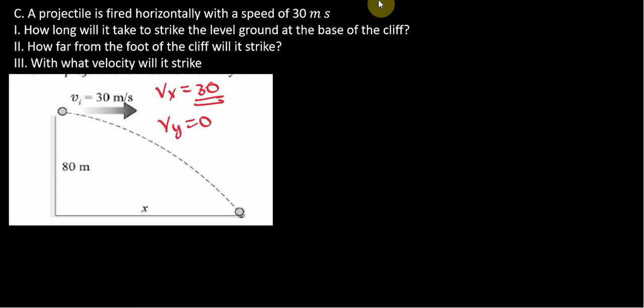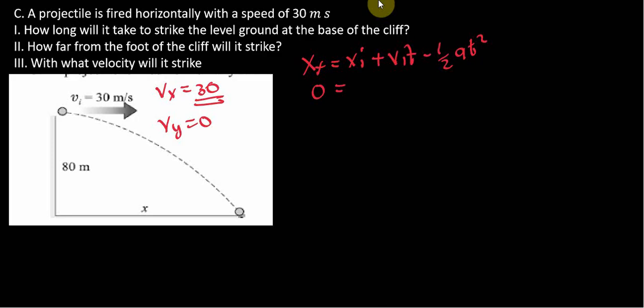So what you have are velocity in the x-axis and the velocity in the y-axis, which is 0. The question says, how long will it take to strike the level ground at the base of the cliff? So what you do there is you say final displacement equals initial displacement plus v_i t minus 1/2 a t squared.